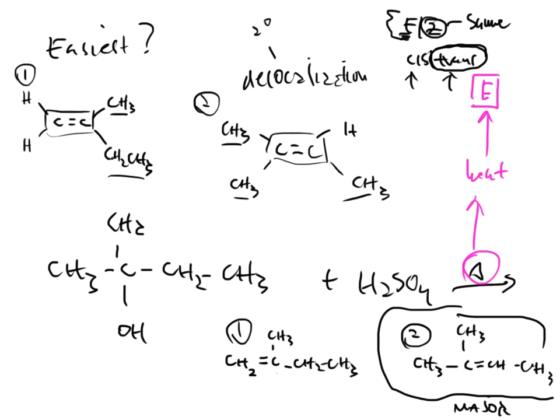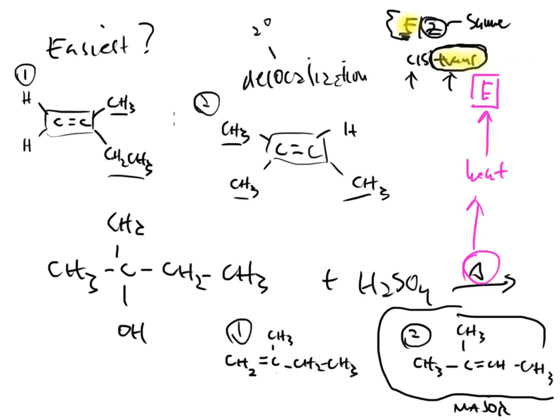So out of these two options, folks, you're going to see E and trans being the most stable out of the orientations and out of the stereochemistry when we form the double bonds that are there.